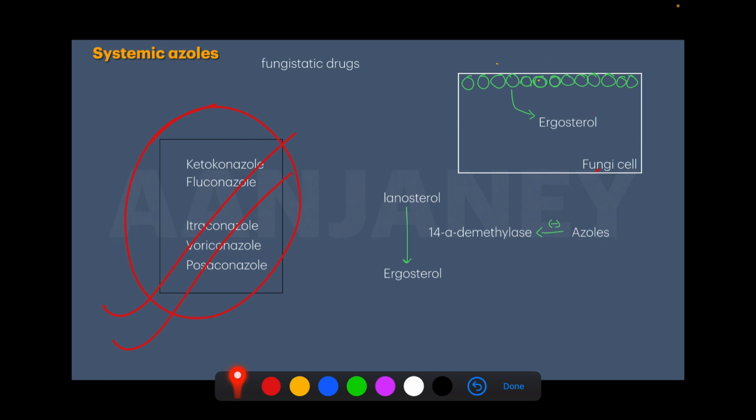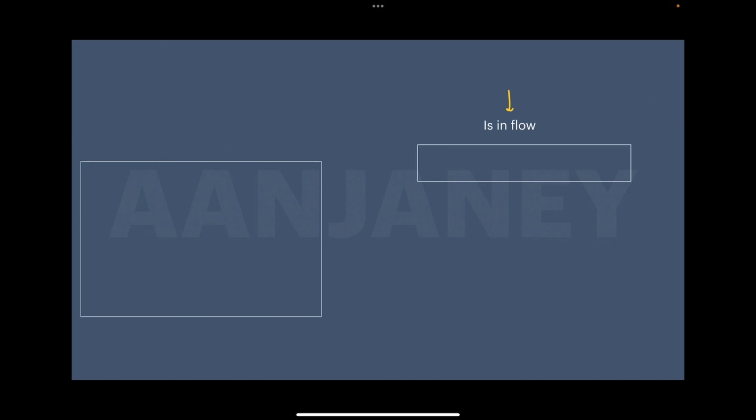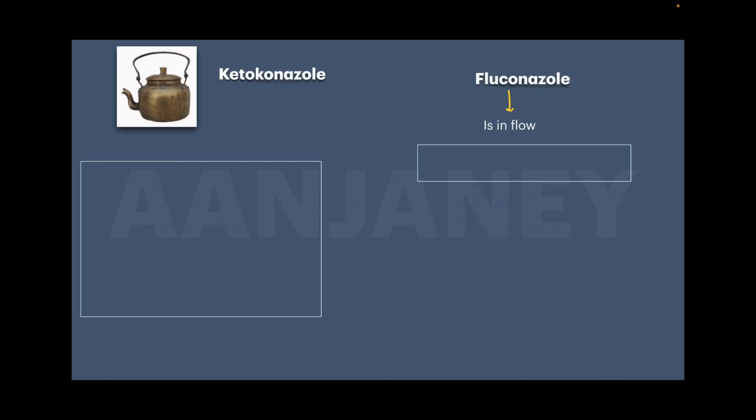So the azoles are fungistatic drugs. Amphotericin B was a fungicidal drug. So for most of the fungal infections, the dangerous ones, the drug of choice was obviously amphotericin B, right? So now, what are the drugs in systemic azole? The first drug is ketoconazole.